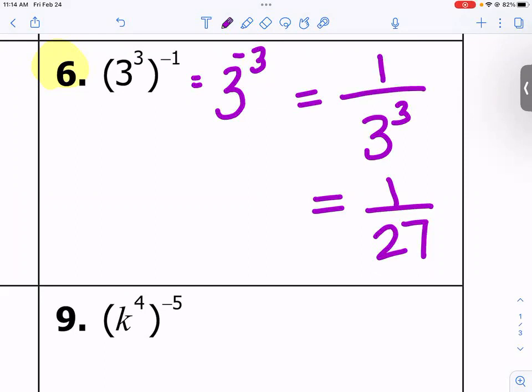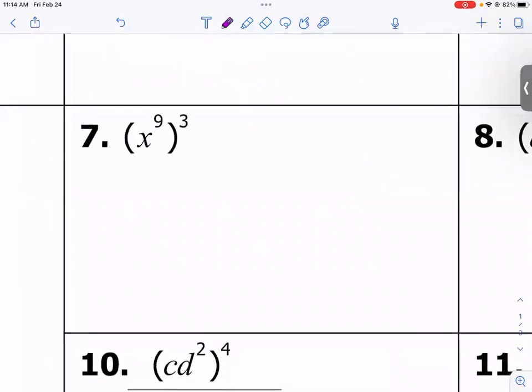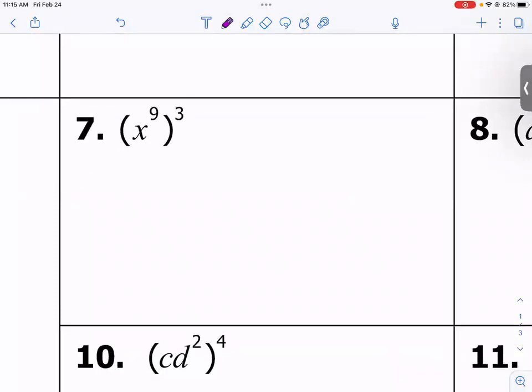Okay, is this going to change when we move to variables? I actually think it's easier with variables if you want to know my opinion. Okay. So number 7, everybody, this is going to be x to the... 9 times 3 is 27. This is x to the 27th.